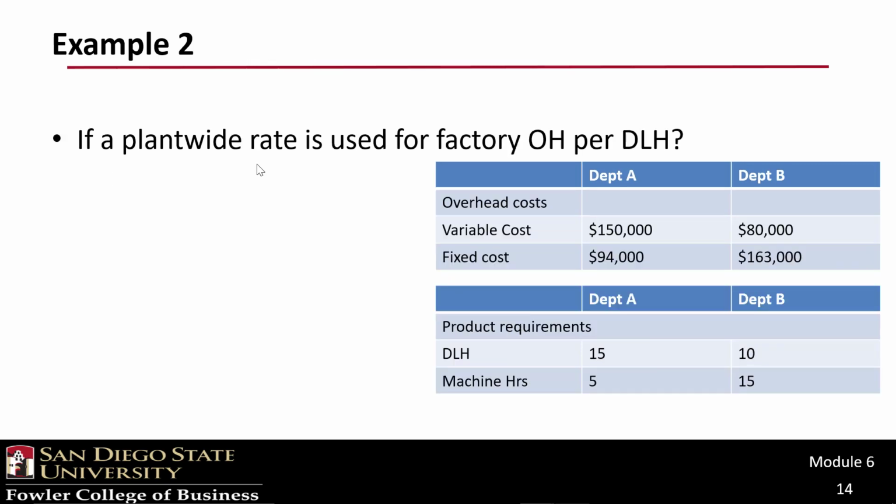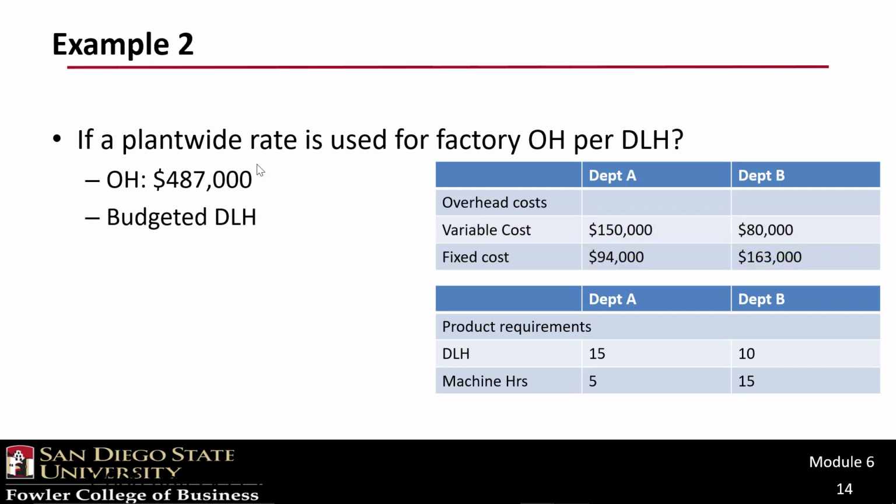Okay, so if we're going to use a plant-wide rate for allocating factory overhead on a direct labor hour basis, what we do is say, okay, what is our total overhead? And we can just add up the variable overhead and the fixed overhead costs, and we get $487,000. We have a budgeted amount of direct labor hours, right?